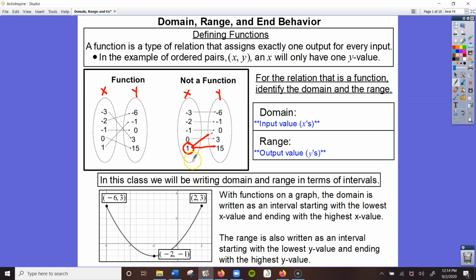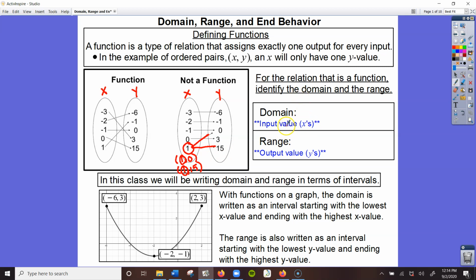That means that if I were to put this as coordinates, I would have the coordinate 1, 0 and the other coordinate as 1, 15. You see that the x's would repeat. And in order for a relation to be a function, the x's cannot repeat because it would only go to one y value. Now first we're going to talk about domain and range.